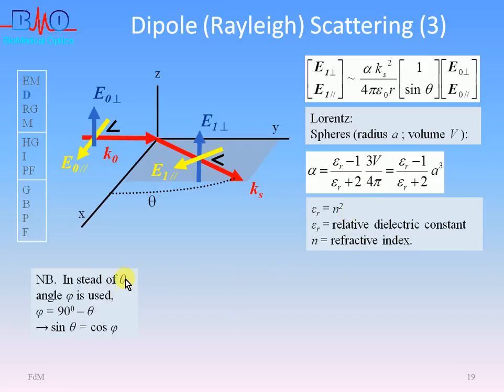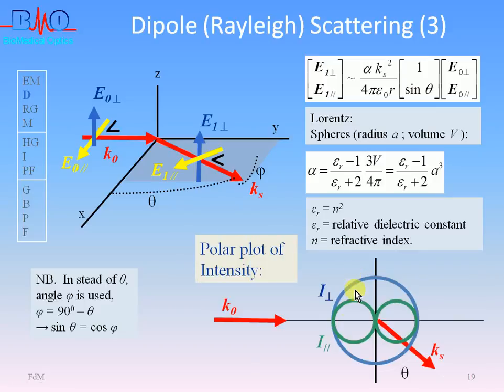Please note that frequently instead of that theta also the angle phi is used, as is seen here, in which phi is 90 degrees minus theta, the complement of theta, and that means that we have to replace all the sine theta factors in the formulas by cosine phi's.